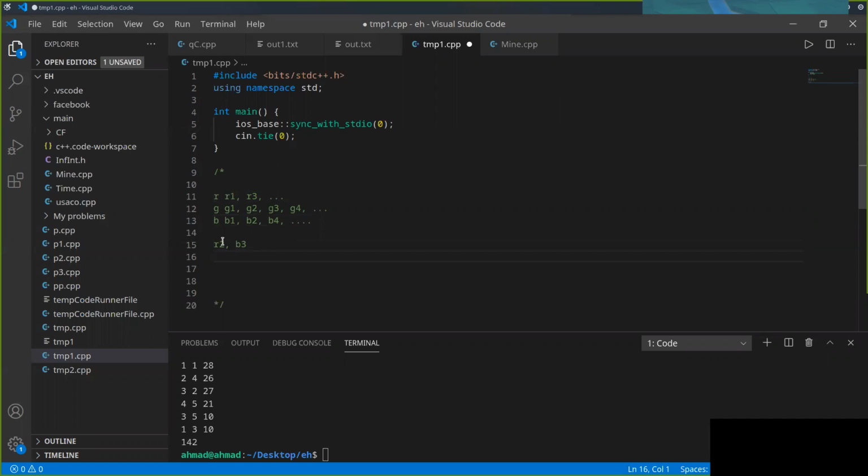Because I have two sticks of the same size of R2, and another two sticks of the same size of B3. So the edges of the rectangle will be R2, R2, B3, B3. This is the length and this is the width. So the area is clearly B3 times R2.